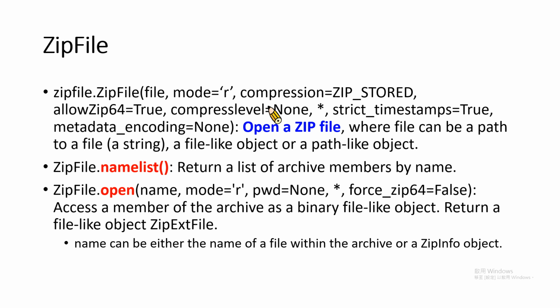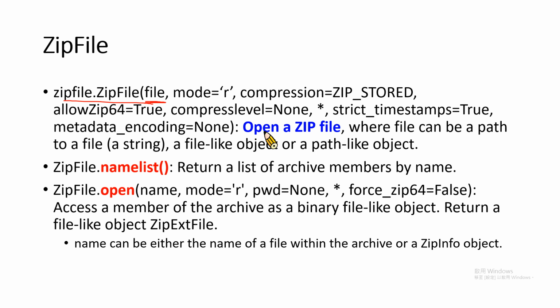And these are some useful methods in the zipfile module. First, we use a constructor to construct a ZipFile object. The first parameter is the file name or path name of the zip file.